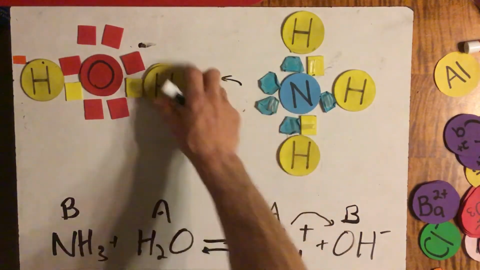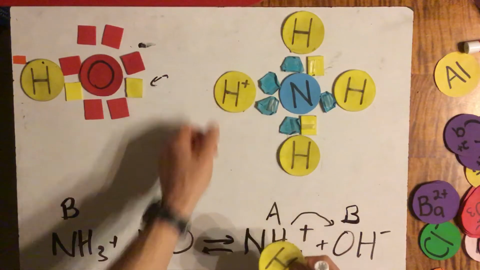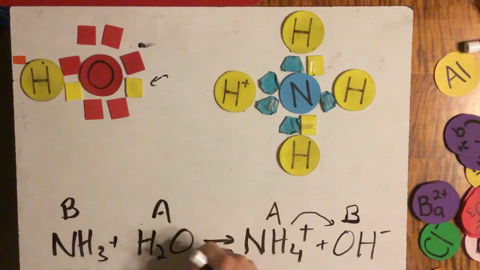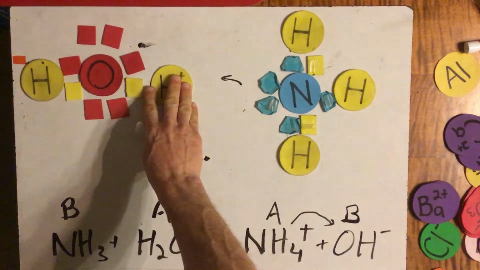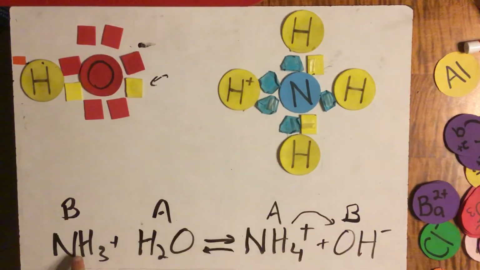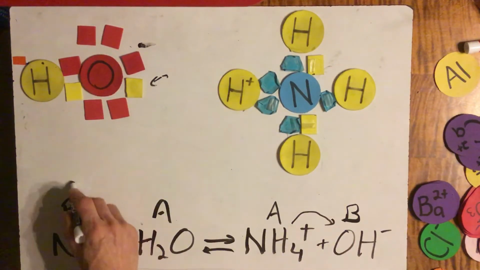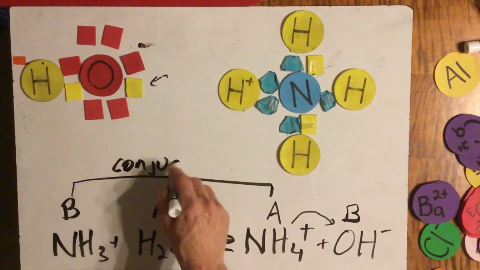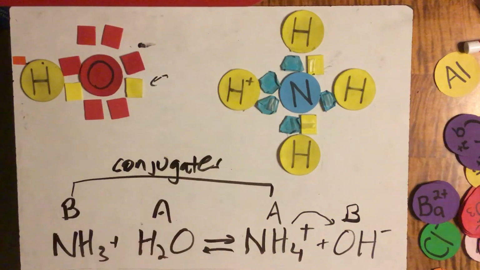Like ammonia does not look that different from ammonium. Okay? The only difference is a hydrogen and a positive charge, and you can clearly see without it, with it. Okay? So here, ammonia and ammonium are called conjugates. Okay? More specifically, you would call them a conjugate acid-base pair. Okay? They're very much alike, except they differ only by that hydrogen.